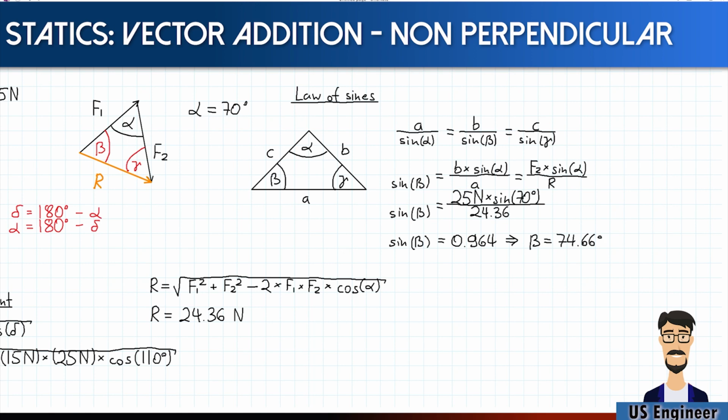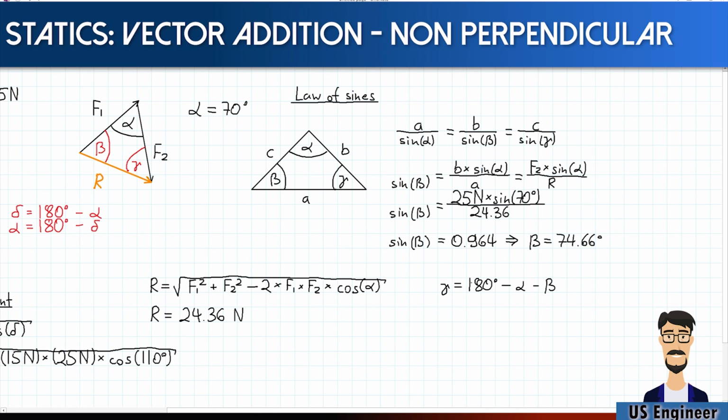So, in other words, and let's use the second method, gamma, the angle between the resultant force and F2, is equal to 180 degrees minus alpha minus beta. Okay, so that basically captures the fact that the sum of all angles in a triangle is 180 degrees.